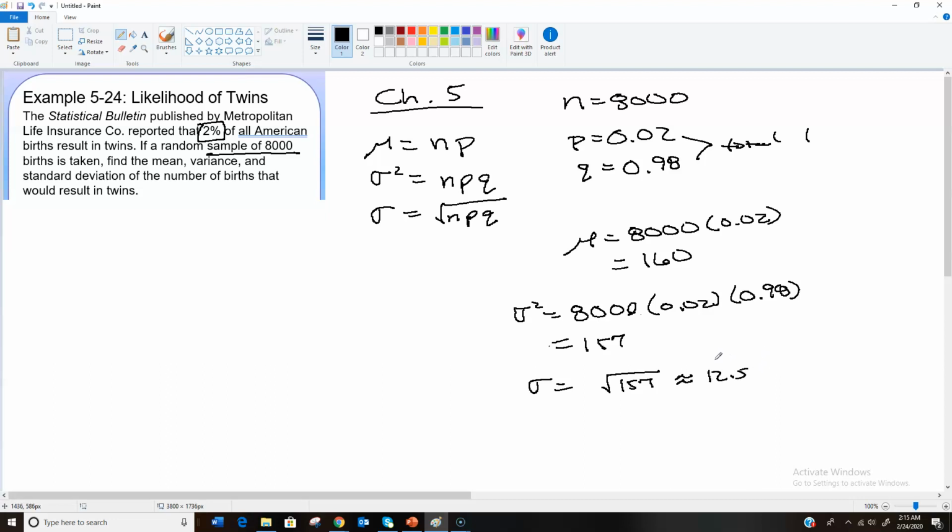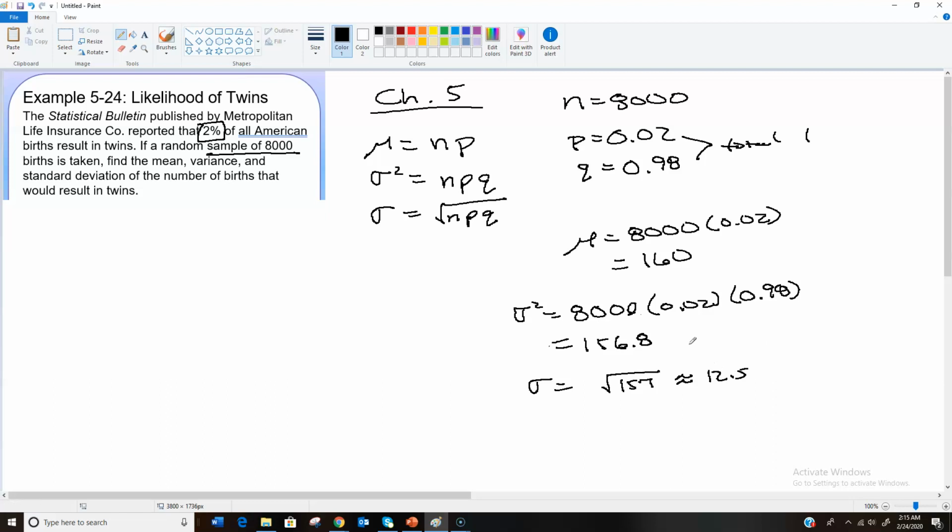What the book did is round these to the nearest whole. This one actually came out to be 156.8. And I'm not sure why they rounded these to the whole. I guess maybe because they're thinking you can't have part of a birth, but variance and standard deviation don't necessarily need to be a possible or a potential number.